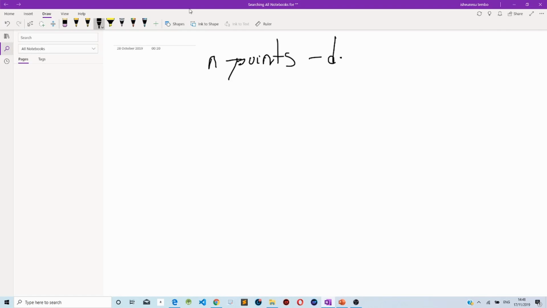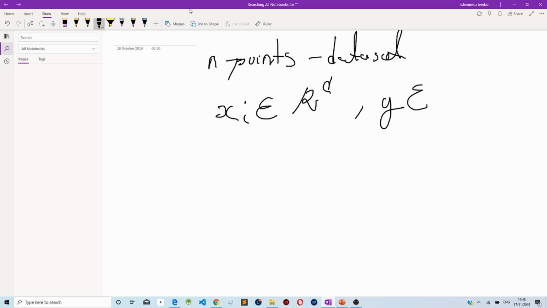This is our data set with n points, where x i is an element of the feature space, and y i is either -1 or 1. Here -1 denotes the negative class, while 1 represents the positive class.